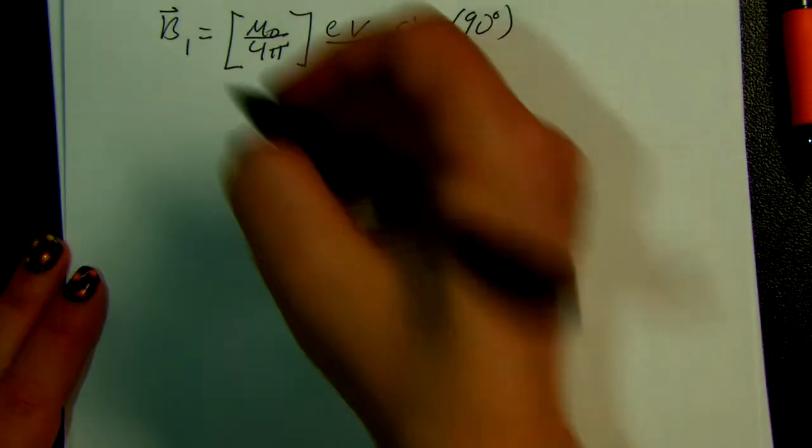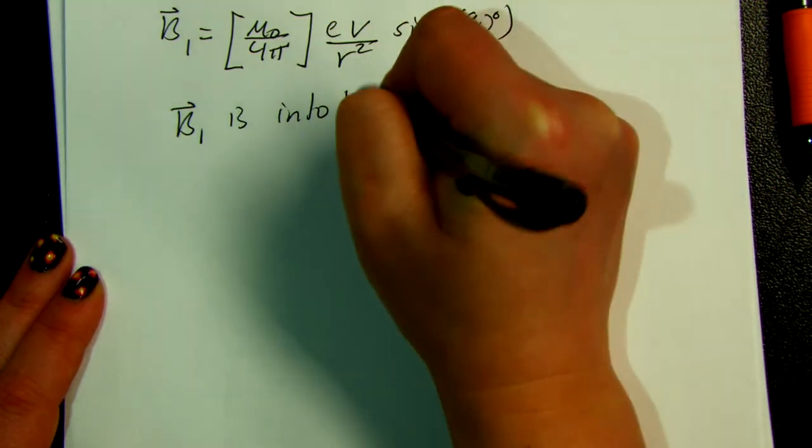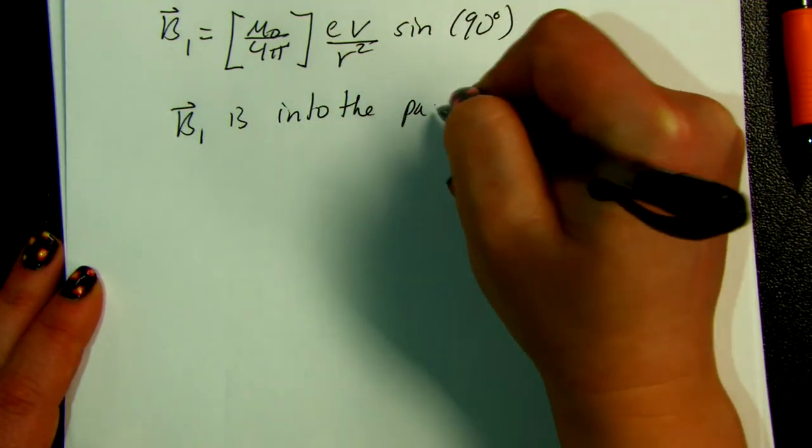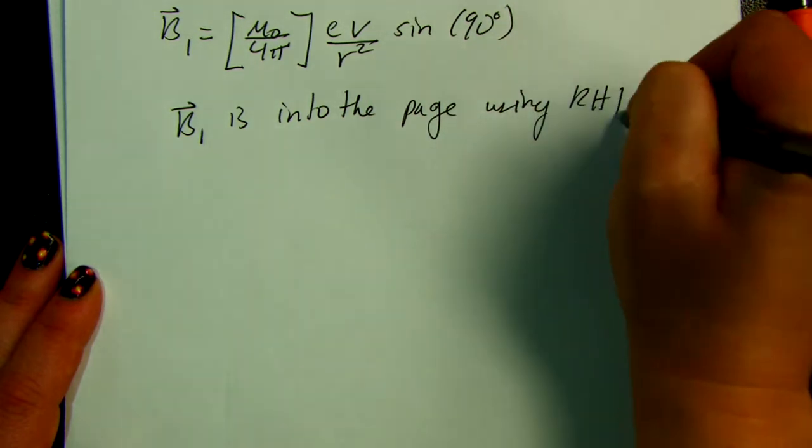So B is into the page using the right-hand rule.